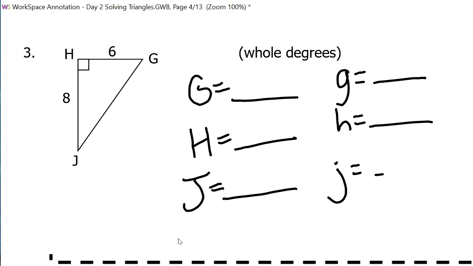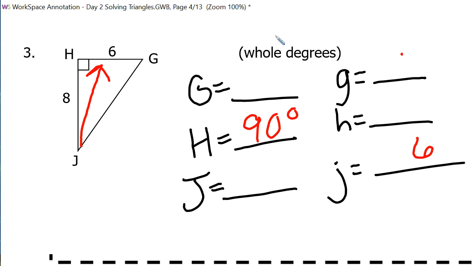Now, the only angle they gave us was angle H, which is 90 degrees. And the 6 is for which side length? J. And the 8 is for which side length? G. Now, if you know your Pythagorean triples, that would be helpful.